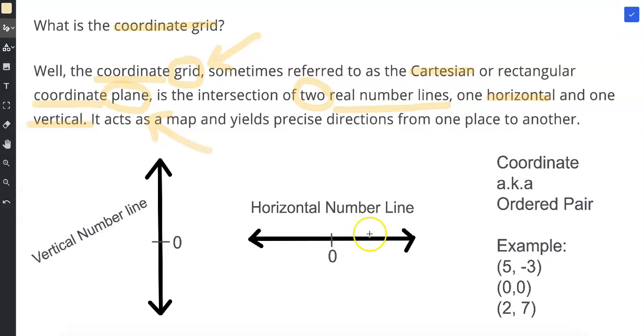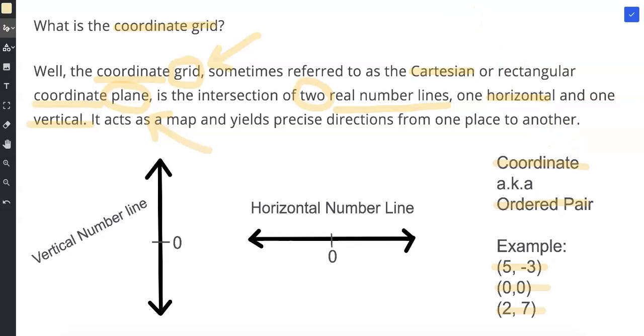When we create a coordinate grid or a coordinate plane, basically we just put the vertical number line over top the horizontal number line, and then we have our coordinate grid. Now we call these numbers, 5, -3, 0, 0, 2, 7, which mark specific places on the coordinate grid. You can call them ordered pairs, or you can call them coordinates.